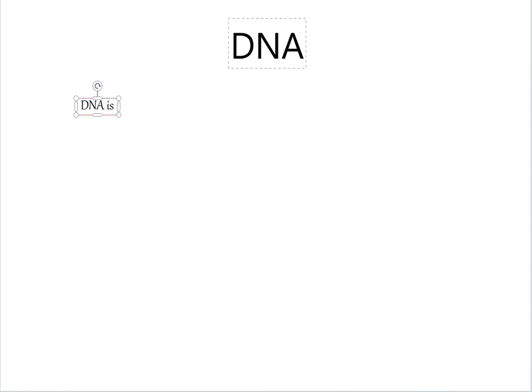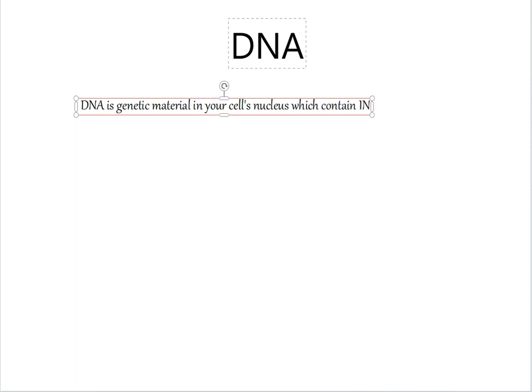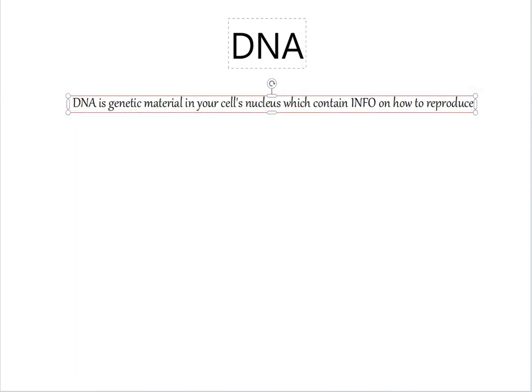DNA is genetic material in your cell's nucleus, which contains info on how to reproduce. There is actually DNA in viruses too, which, as I said, probably in our first lesson, are not really living organisms. But we'll talk about that later.